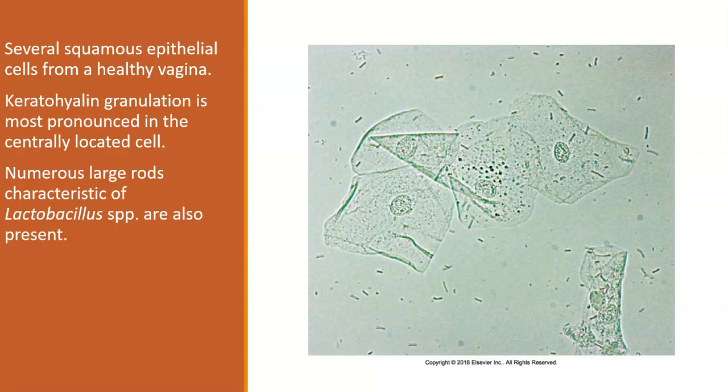This photograph illustrates several squamous epithelial cells from a healthy vagina. Keratohyalin granulation is most pronounced in the centrally located cells, and numerous large rods characteristic of Lactobacillus species are also present surrounding the epithelial cells.